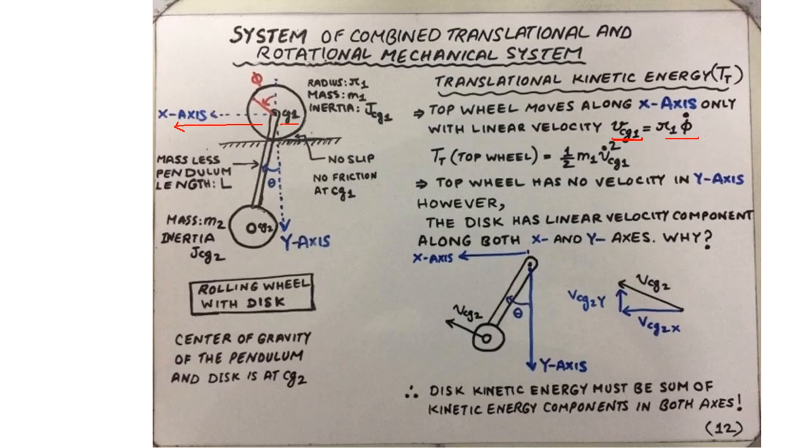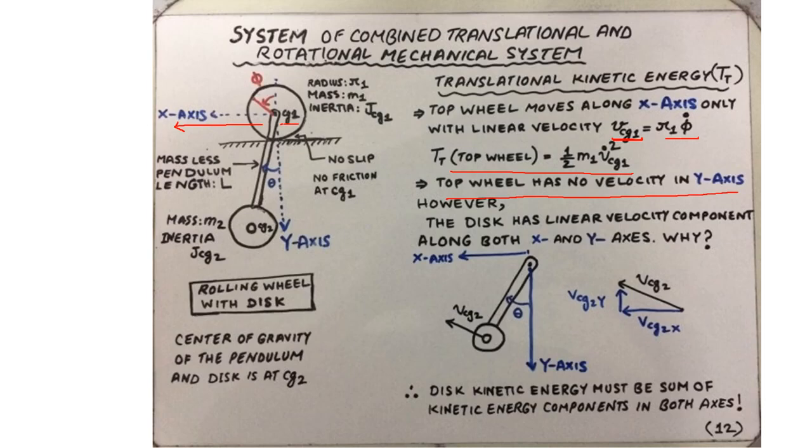Hence, the translational kinetic energy of the top wheel is half times its mass m1 times Vcg1 squared. But the situation is more interesting for the bottom disk. And actually before that, we should realize that the top wheel has no velocity in the y-axis.